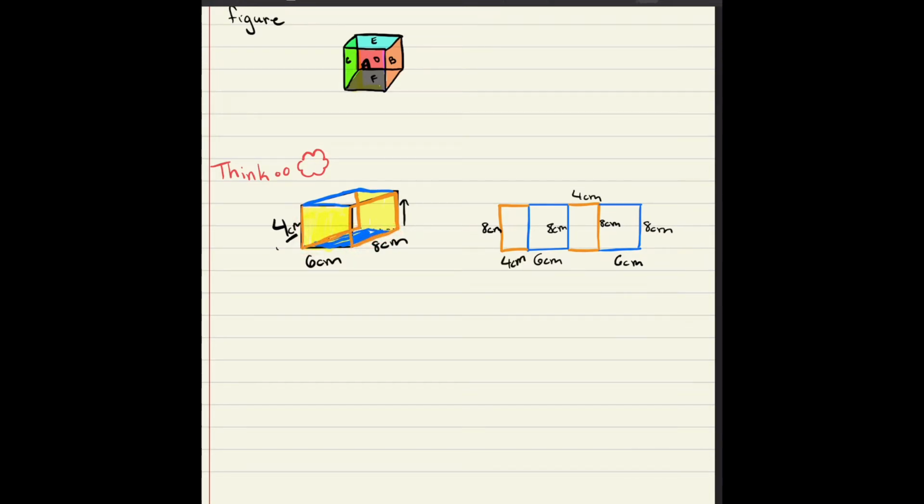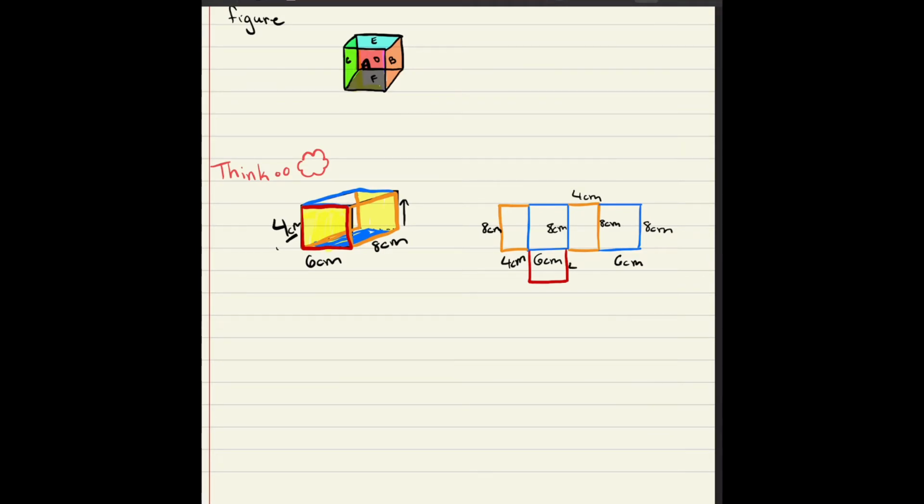I'm not done here because I need to include my bases. So I have this front base here, which is coming off of that bottom face. And so 6 centimeters will stay the same, but the height on it was 4 centimeters.